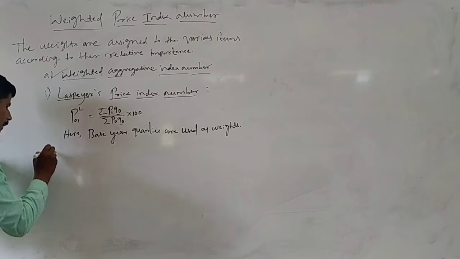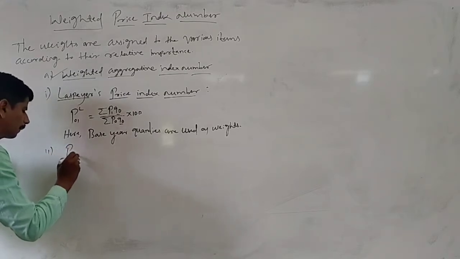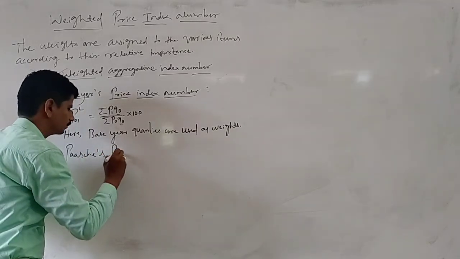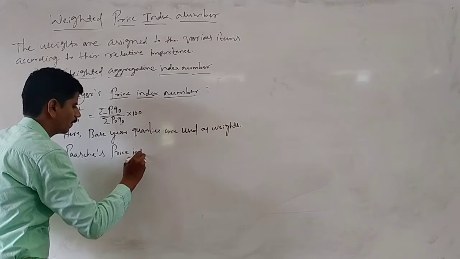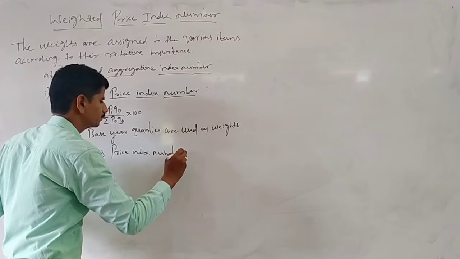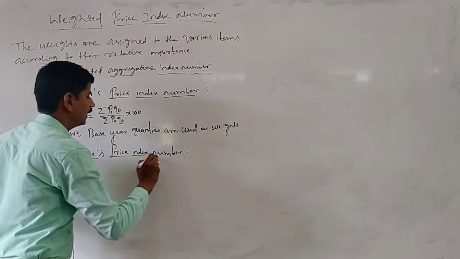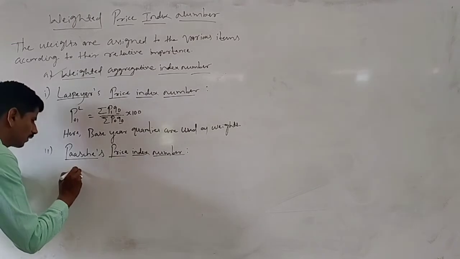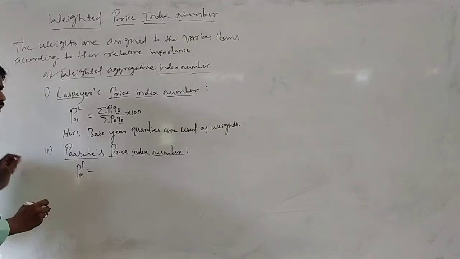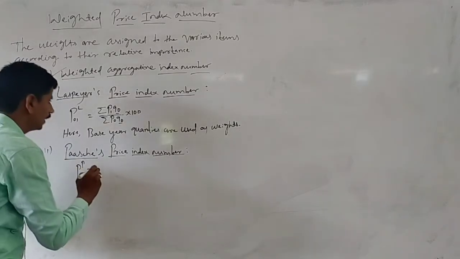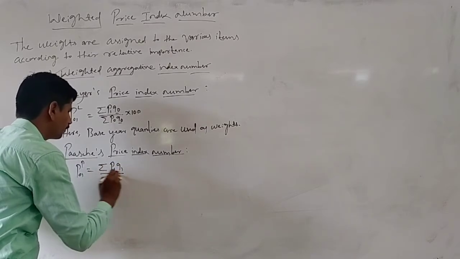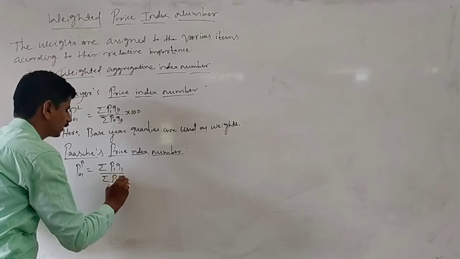Second, the Paasche price index number. The Paasche price index number is denoted by P01 P. That is equal to sum of P1 Q1 by sum of P0 Q1 into 100.